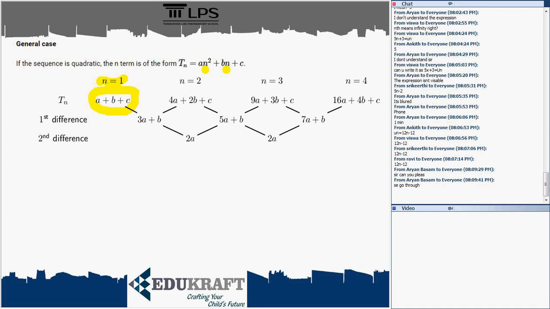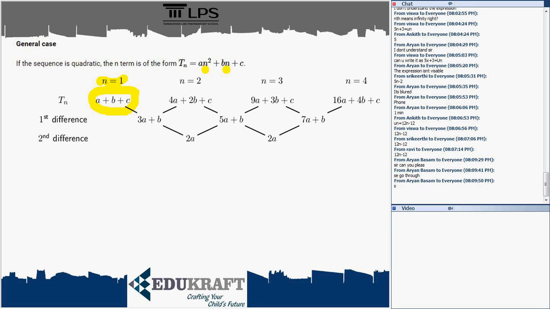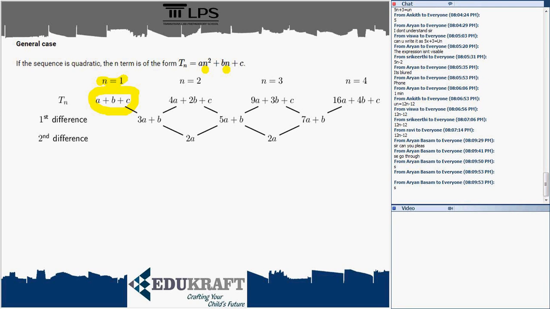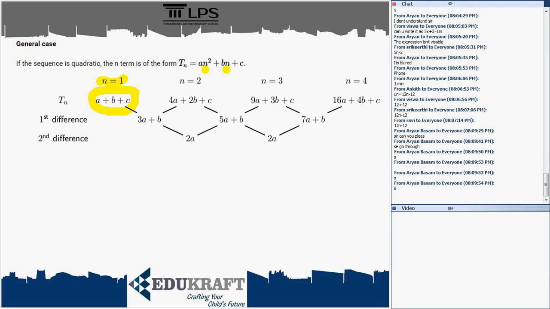Say n is equal to 2 here, and here I will end up getting 4A plus 2B plus C. Same way n is equal to 3, I'm going to get 9A plus 3B plus C. And n is equal to 4, I have 16A plus 4B plus C.